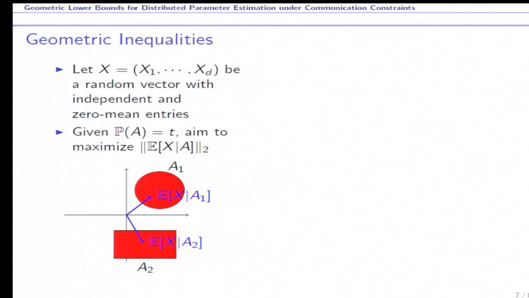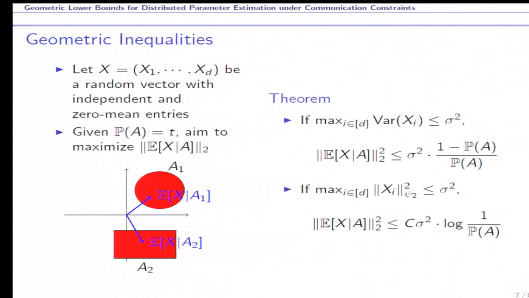Let me give you two examples. Suppose x is 2D, and for example, if A is something like this, we first consider the geometric center of this set, and this is just the conditional expectation. We would like to find which A maximizes the L2 Euclidean norm of the conditional expectation. The results are different when we have different control on the tail of x.